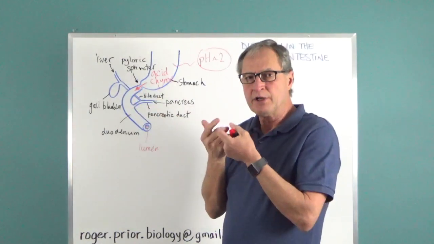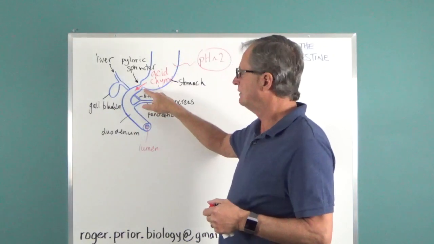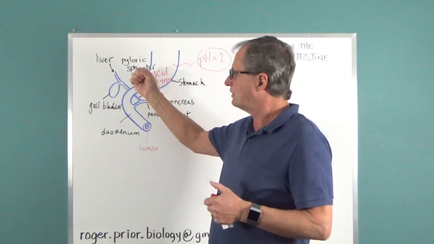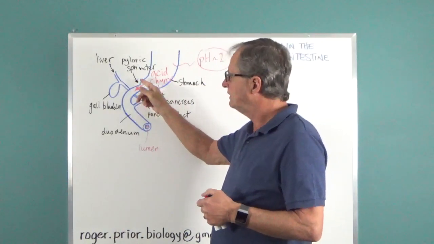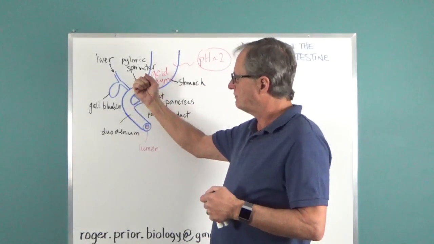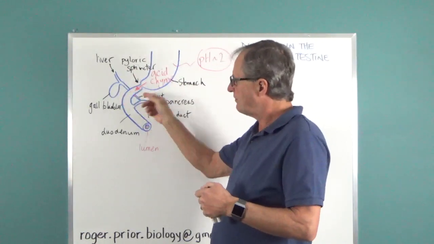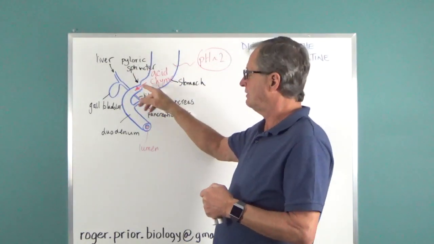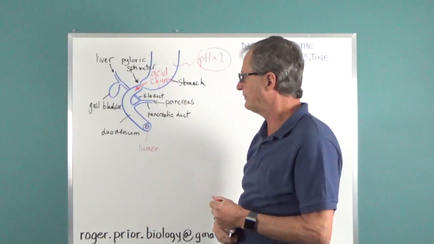Mechanoreceptors, remember, are nerve endings, and they'll send little messages back to the pyloric sphincter and cause it to constrict again. So as space becomes available, it releases the muscle constriction. Some comes in, it fills it up, it constricts it again. It will also reduce the digestive activity of the stomach at the same time.